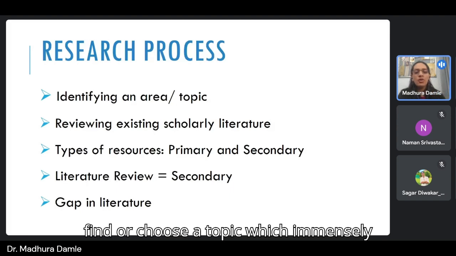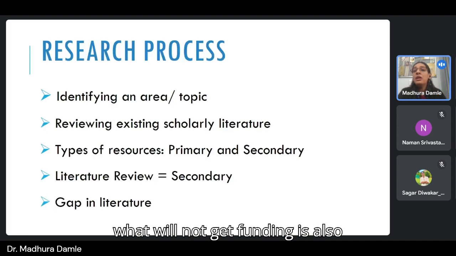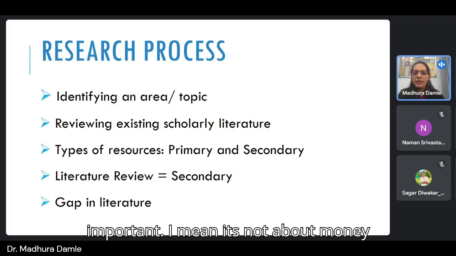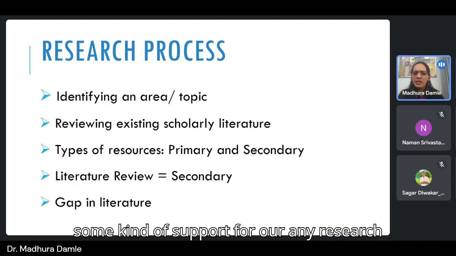find or choose a topic which immensely interests you. Of course, understanding relevance is important. Understanding what will get funding and what will not get funding is also important. I mean, it's not about money, but we need some kind of support for any research, right?